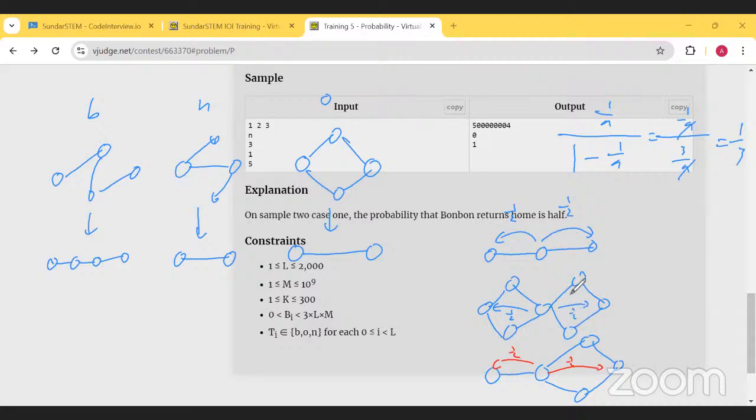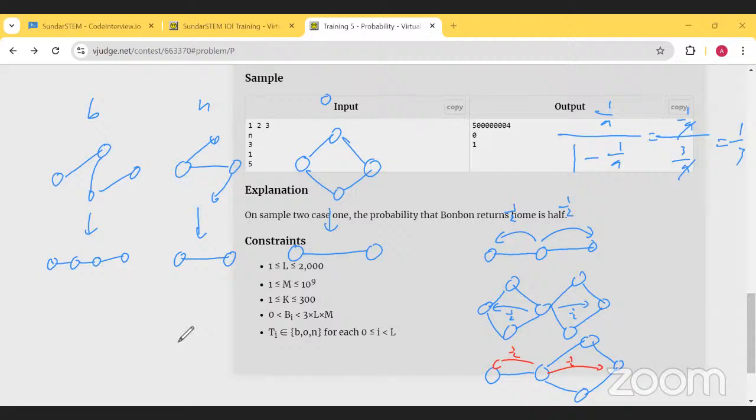Regardless of the form, the probability is always just half and half. Then we can make it all the same, a linear graph like this. Okay, how to prove it?